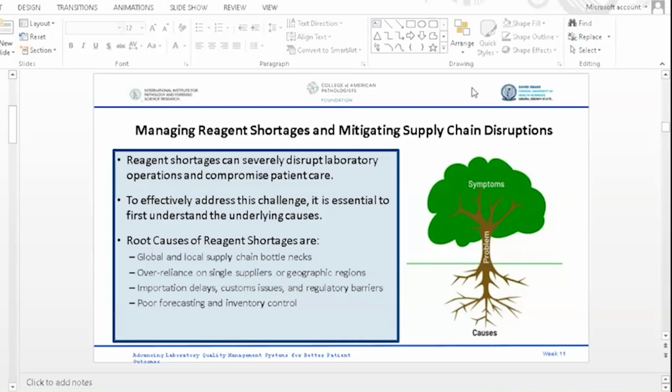bottlenecks. Then another root cause of reagent shortages is over-reliance on single suppliers or geographical regions, whereby, like I've mentioned before, some people now gain monopoly of manufacturing or being the sole suppliers of particular reagents and machines. A typical example I will use in our environment is maybe the apheresis machine.